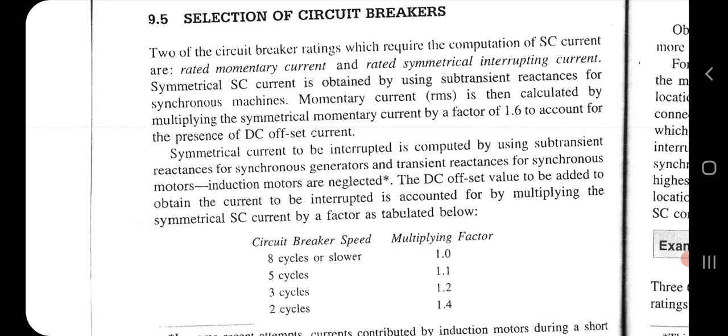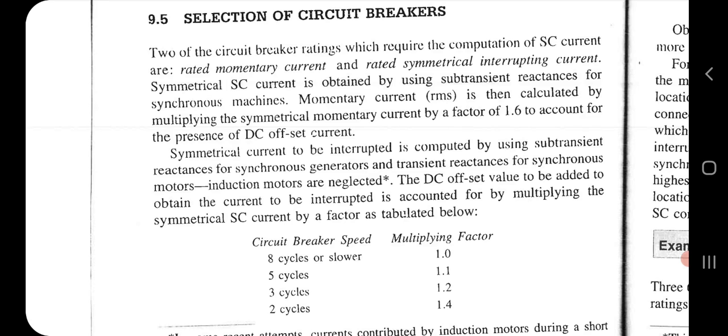So it requires a rated momentary current and a rated symmetric interrupting current. Rated momentary current is the normal current, which will be working at the steady state or normal conditions. Now the symmetric SC current is obtained from the subtransient reactance.